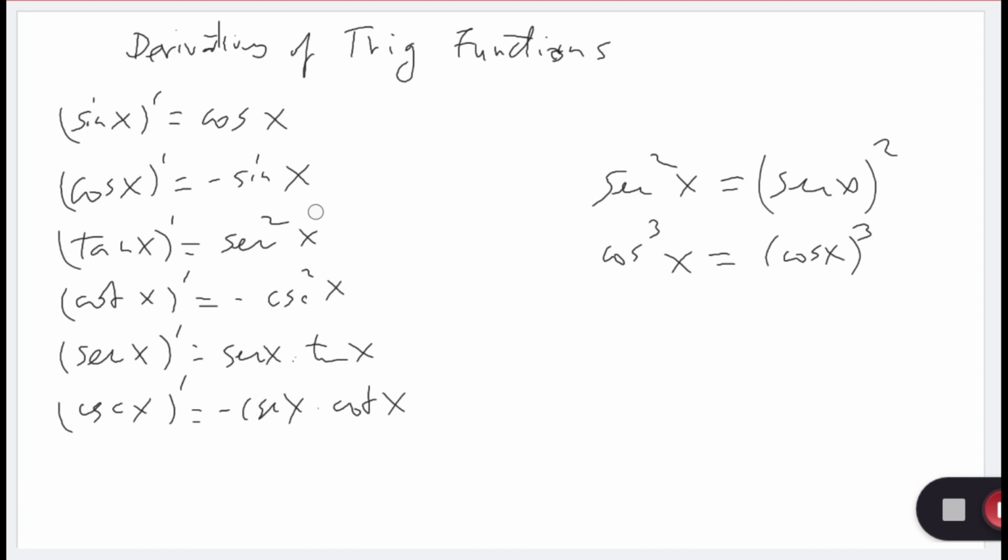Also, I want to comment on the notation, like a secant square. This represents square of the whole secant, just like it here. This is actually the third power of the whole cosine. But for convenience, when we write those powers, we usually put the power here instead of outside parentheses.